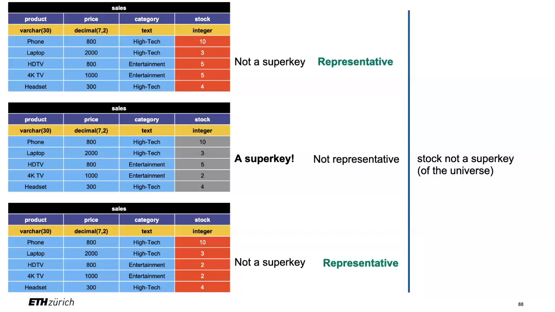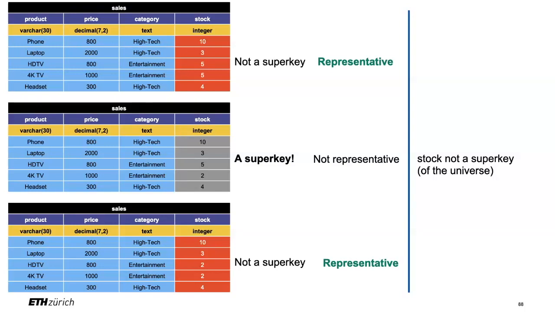Now, how do we handle it, especially for the exam? Because that can cause confusion. What we try to do in the quiz and in exams is when we ask questions about superkeys and candidate keys, which I'll explain later, we try to always give you typical tables, representative tables. So we might give you the first one or the third one and then ask you for the superkeys.